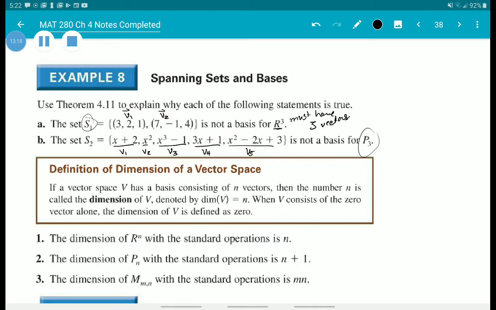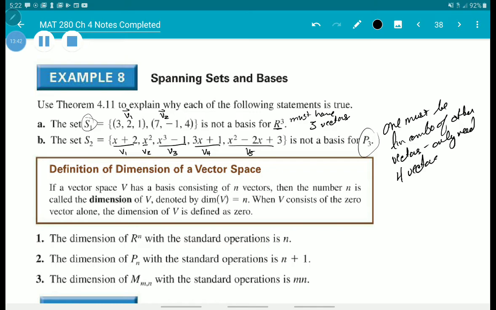So what this means is that we have 1 vector too many, so one of these is a linear combination of the other ones. We only need 4 vectors to form a basis in P3.